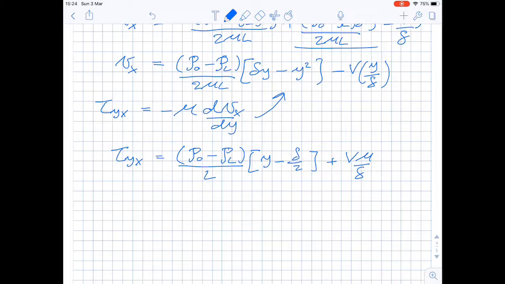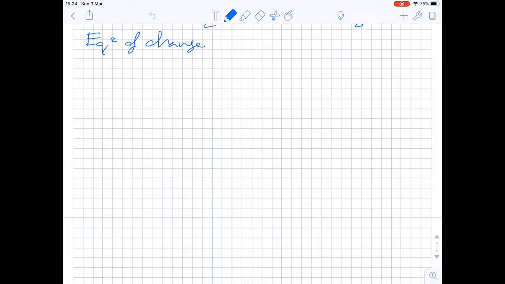Now, you may be wondering, do we have to do shear balance every time? If you prefer to use equation of continuity and equation of motion, you should be able to get the same answer. So let me show you how to get the answer. To use equation of change, there are two equations at first. The first equation is supposed to be equation of continuity.